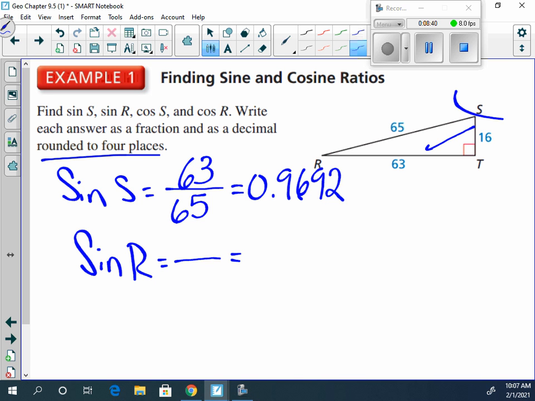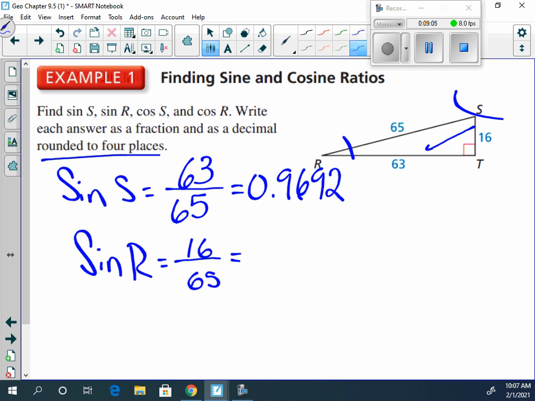What about sine of R? So we're looking at this other angle over here. So what side is opposite angle R? Which would be? Over 65, which is the hypotenuse, yes? Well, now what do we do?